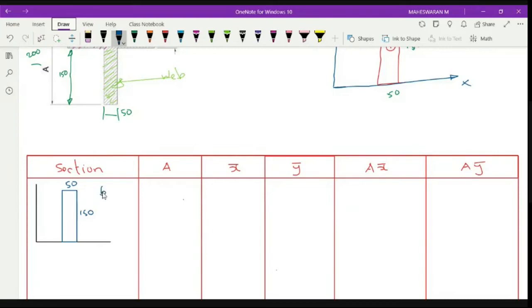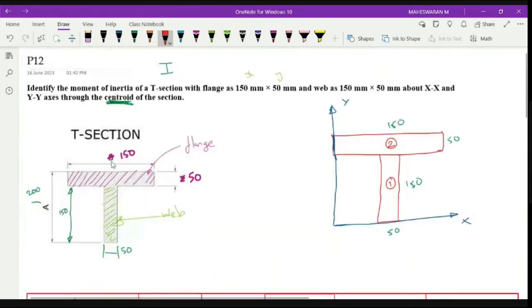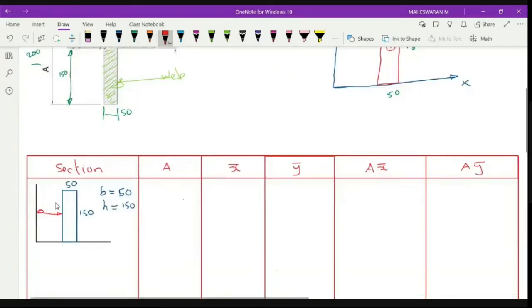So I will write it here: B is equal to 50 and H or D is equal to 150. It also has an offset distance, which you can see here. What is the offset distance? 150 minus 50 is 100, divided by 2, so it will be 50. This will be 50.